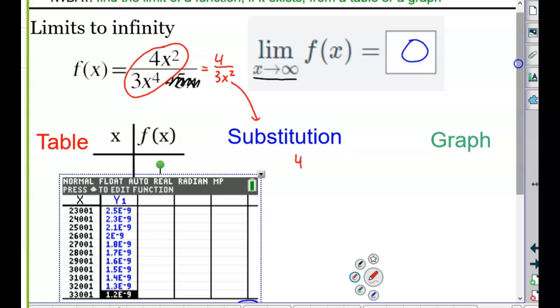And now, what if I plug infinity in for that reduced version? Well, infinity squared times 3 is still infinity. If I took 4 divided by infinity, my calculus students always kind of struggle with this.